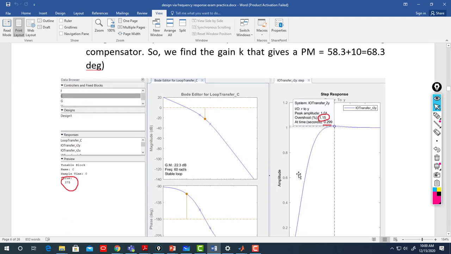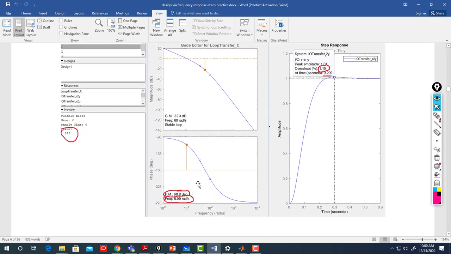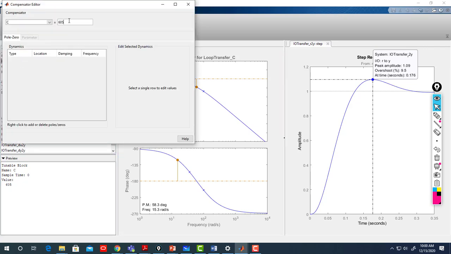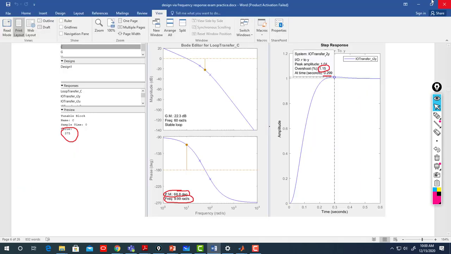Then we retune the gain K until we get the phase margin plus 10. It's obtained at a gain of 375. Well, you can retry it yourself until you get 58.3 plus 10. So I'm giving you the value 375.